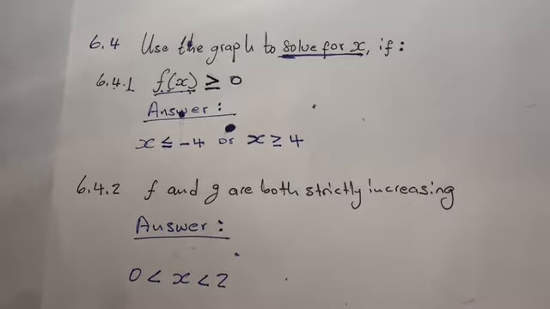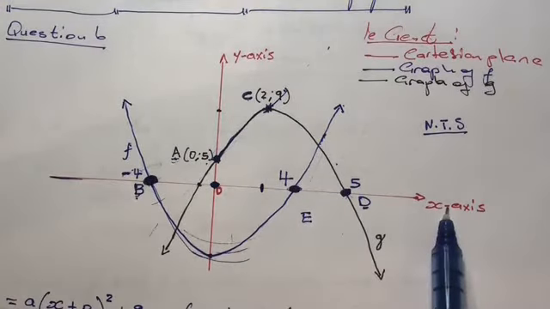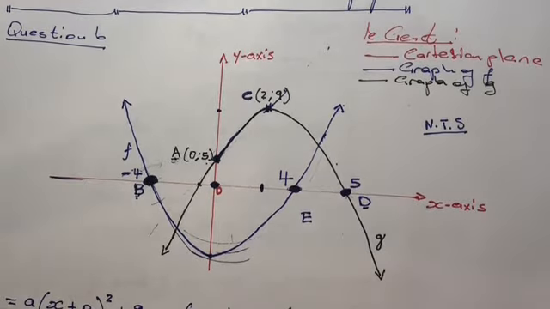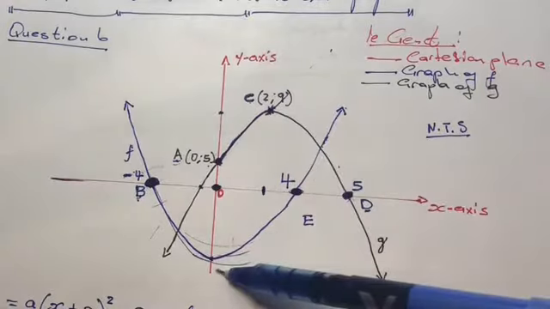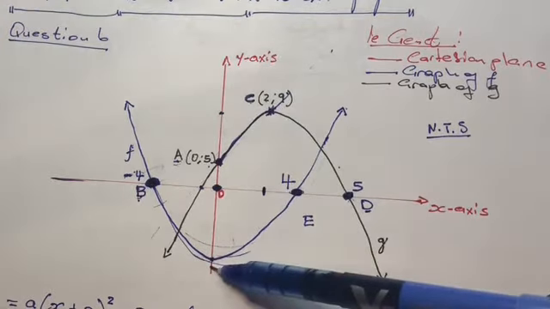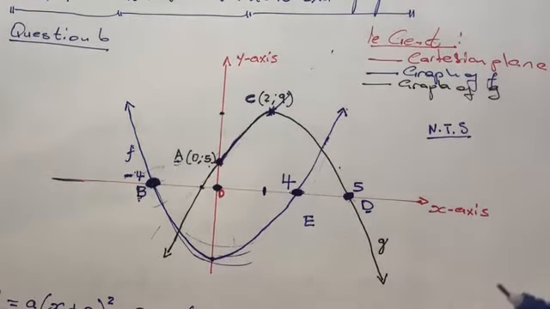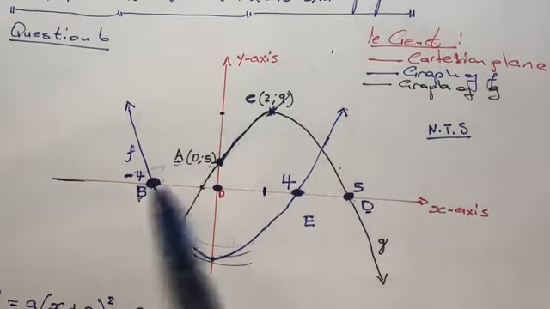That means our focus is along the x-axis because the question says solve for x. If it was solve for y, then our focus would be on the y-axis, meaning our answer would come from the y-axis. But in this case, all of our answers should be coming from the x-axis because we are solving for x.